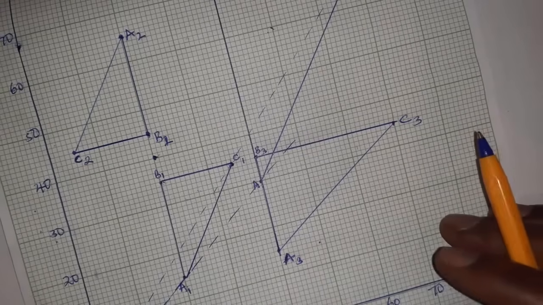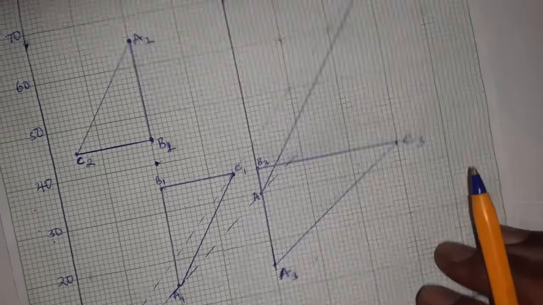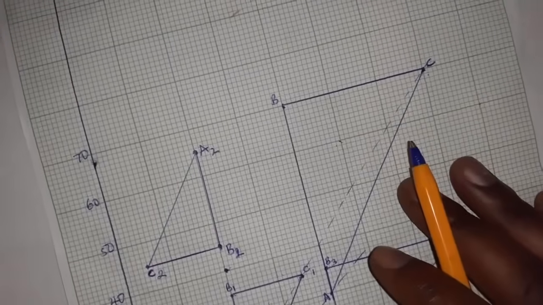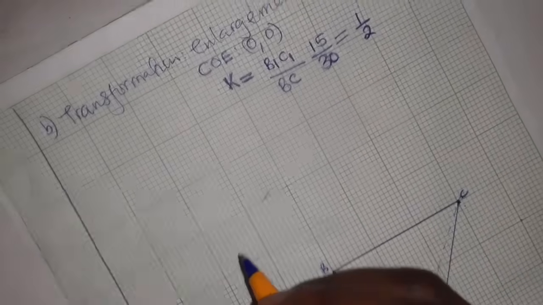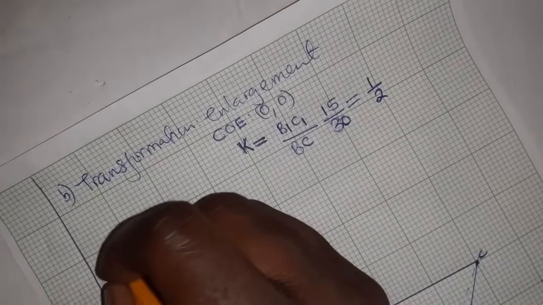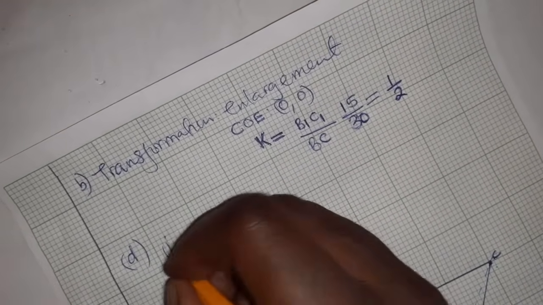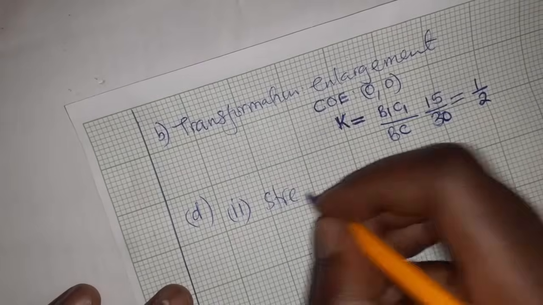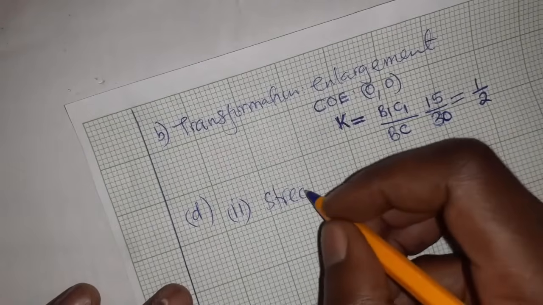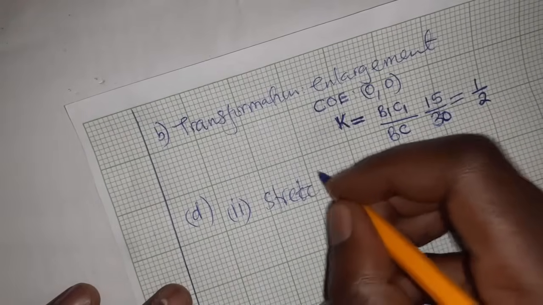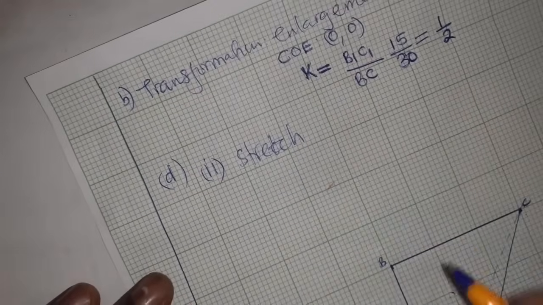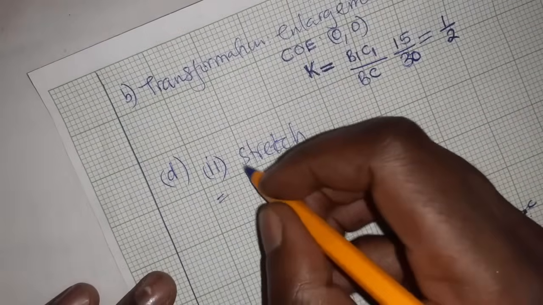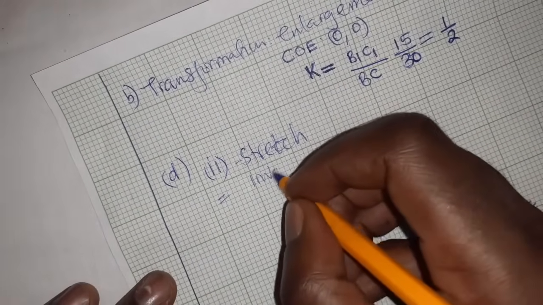So here we are being told to describe this. To describe D2, we're going to say it's a stretch. Then you need to state the invariant line.